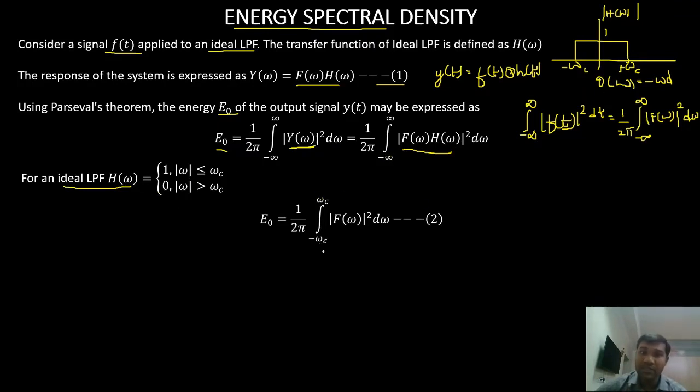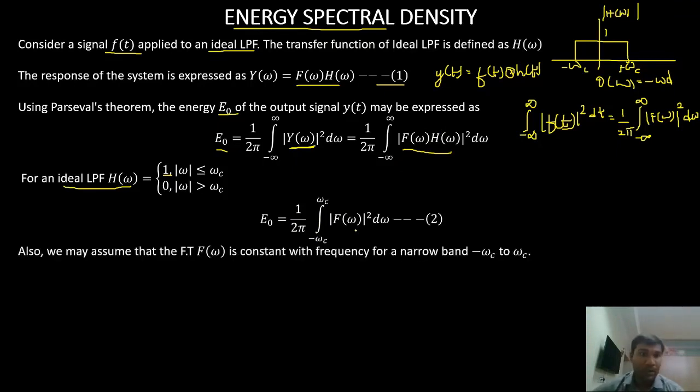Outside these limits, my H of omega is 0. In that limit H of omega equals 1, so H of omega is replaced by 1. So what do I have here? 1 by 2 pi integral from minus omega c to plus omega c of mod F of omega whole square into d omega.